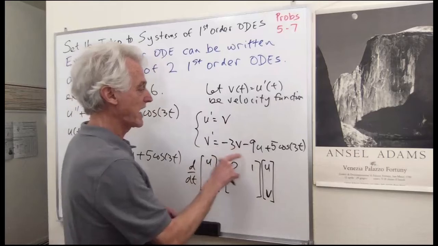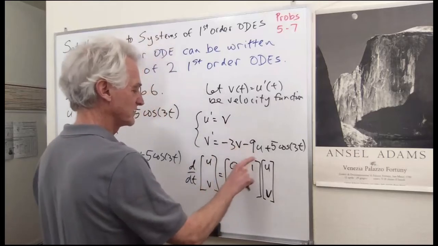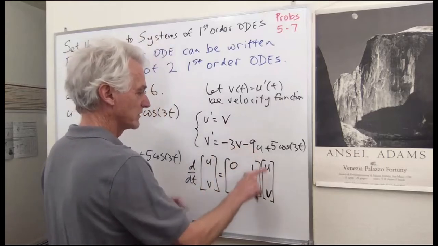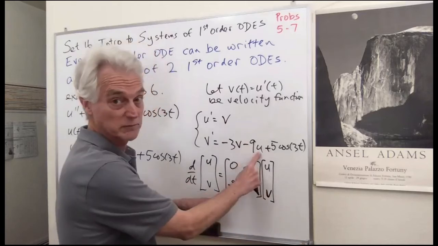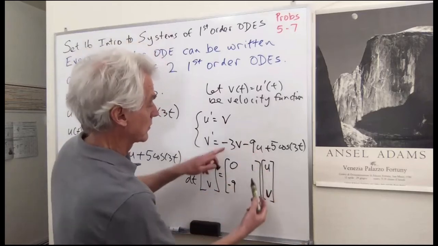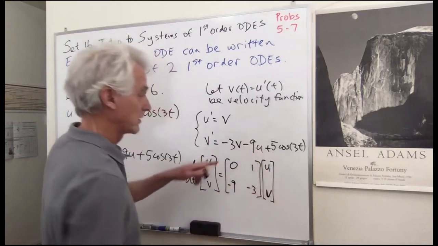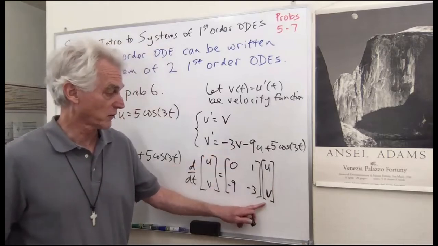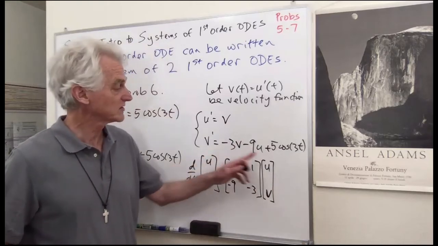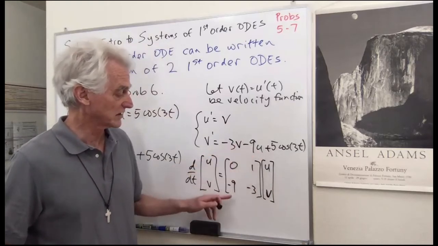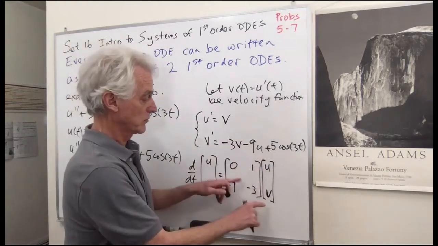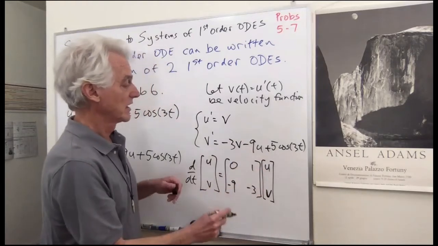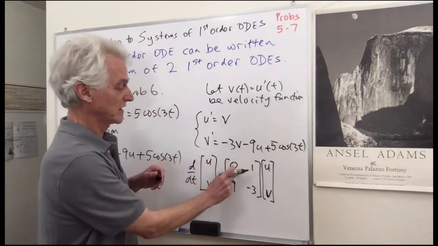And then what do I have? The order is the opposite. To do this, I've got to put the minus 9 first, because it's minus 9 times u minus 3 times v, right? So that's how I get these two terms here, the second row, minus 9 times u minus 3 times v. And the first row, u prime is v, that 0, 1 there.